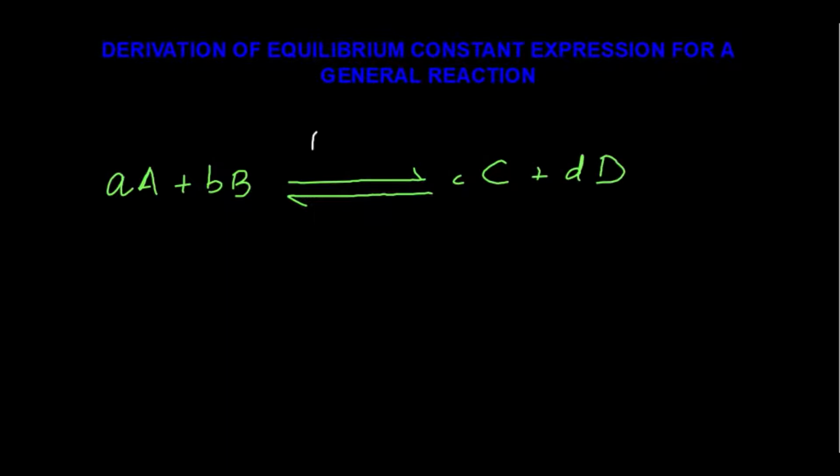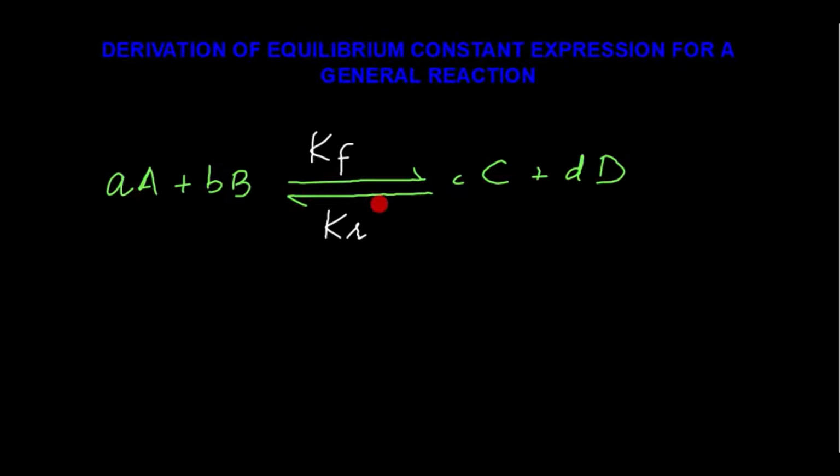Now students, the rate constant for the forward reaction is Kf, and the rate constant for the reverse reaction is Kr. We can say the reaction consists of two reactions, the forward reaction as well as the backward reaction.